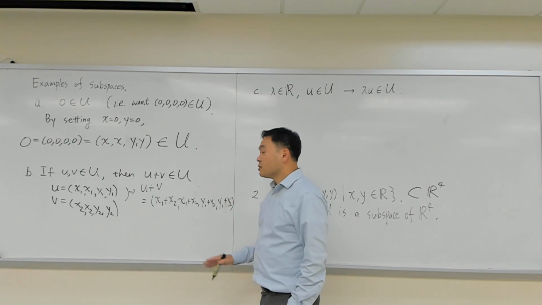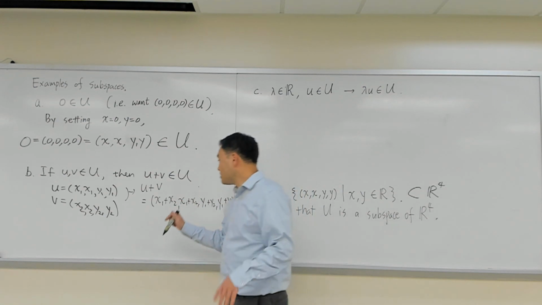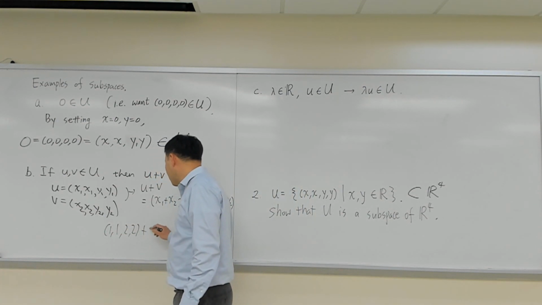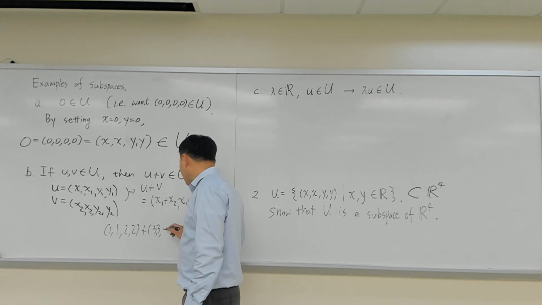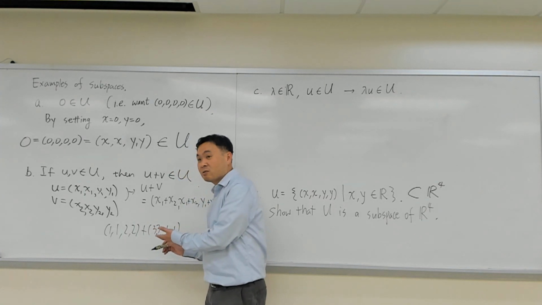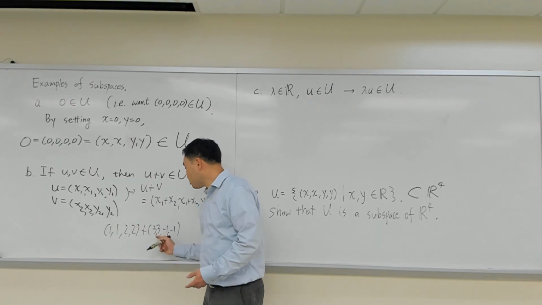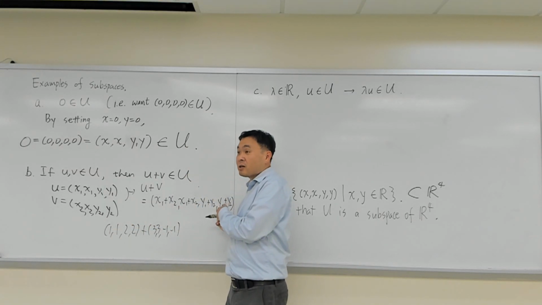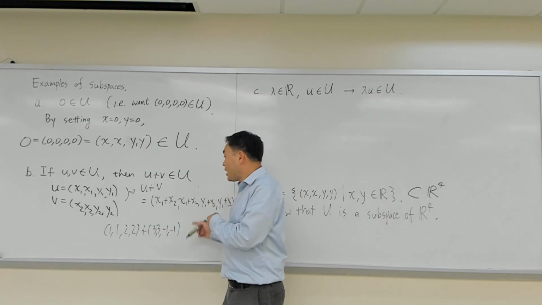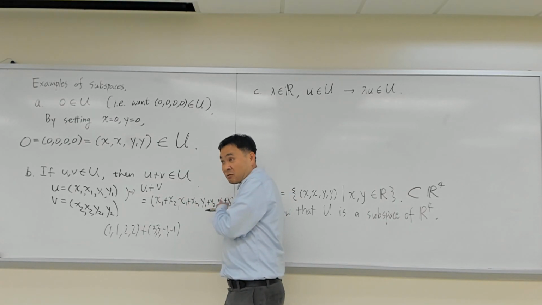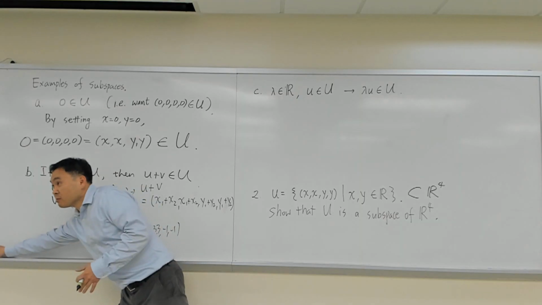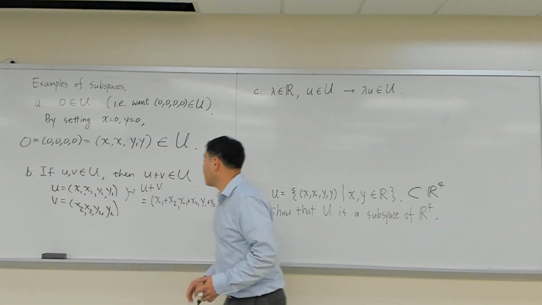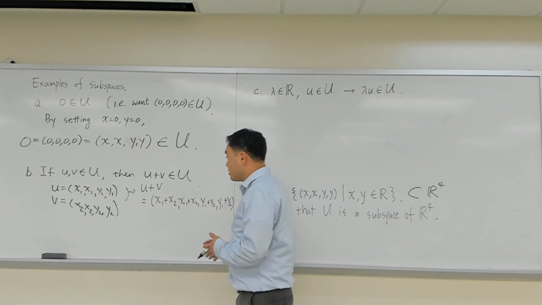Okay? See, what I'm doing is exactly how you would do 1, 1, 2, 2 plus 3, 3, negative 1, negative 1. How would you add these? You would do 1 plus 3, 1 plus 3, 2 plus negative 1, 2 plus negative 1. That's exactly what I'm doing, right? It can't be different from this, because we're doing this as a subset of R4.